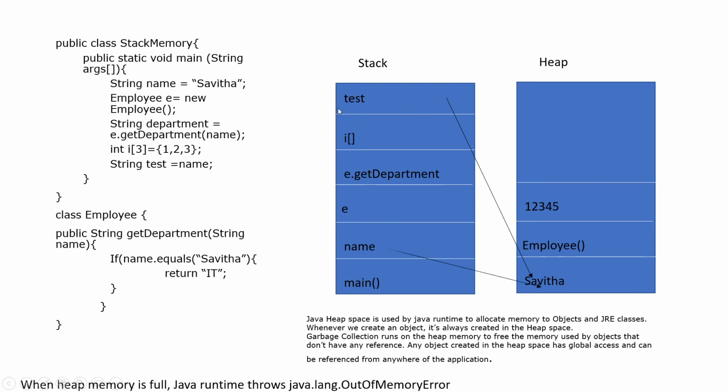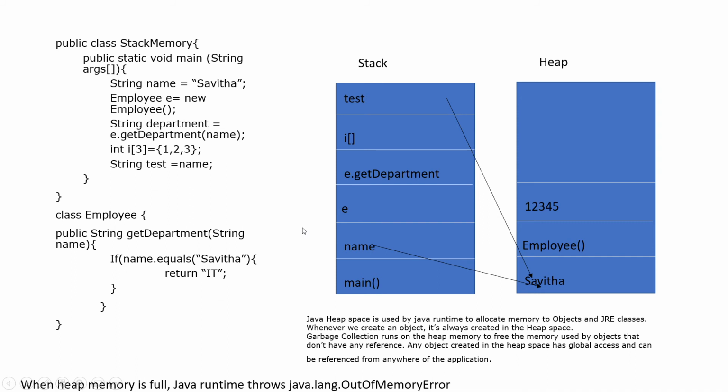So both name and test have the same address and point to Savita in the heap. That's how stack and heap work.